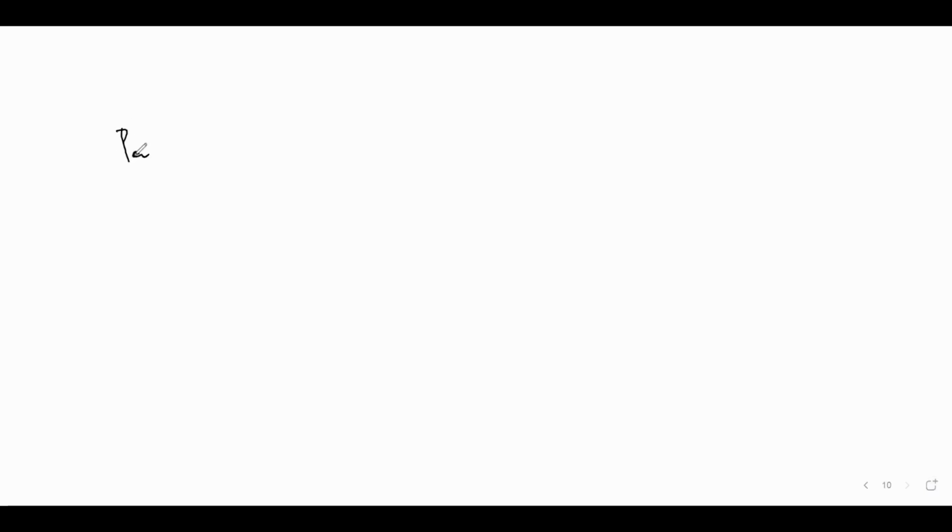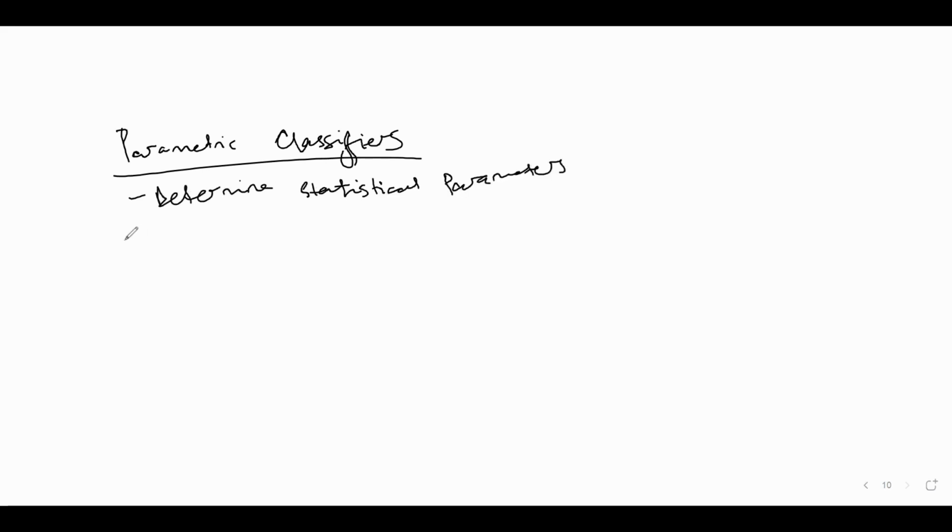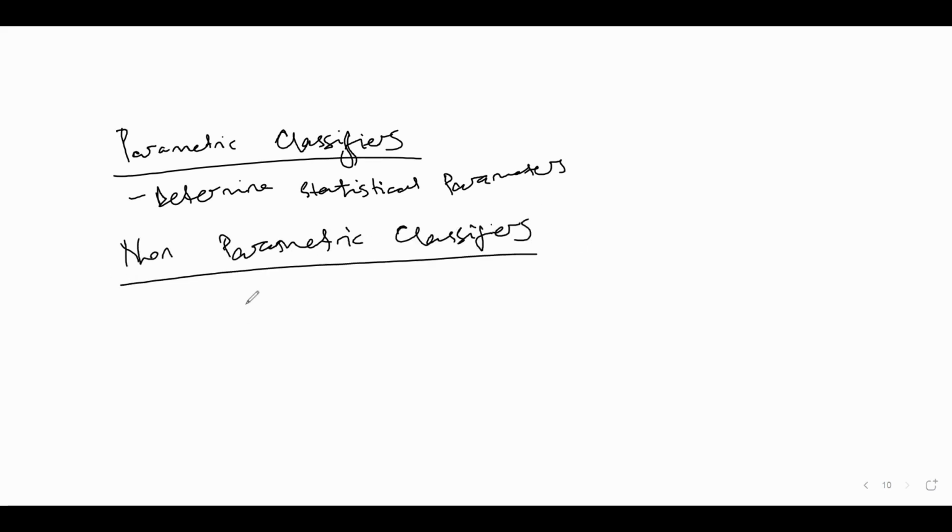So what we have been looking at are what we refer to as parametric classifiers, and they are premised on the fact that we need to determine statistical parameters. We now have a whole suite of non-parametric classifiers.